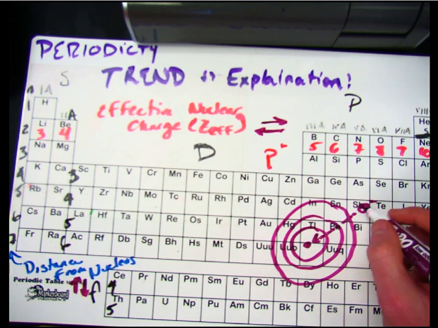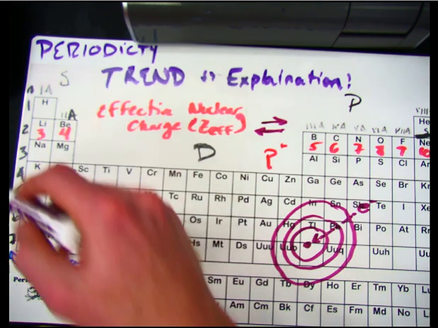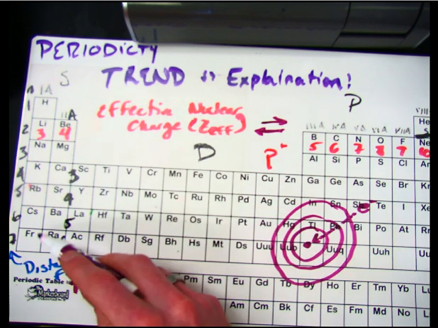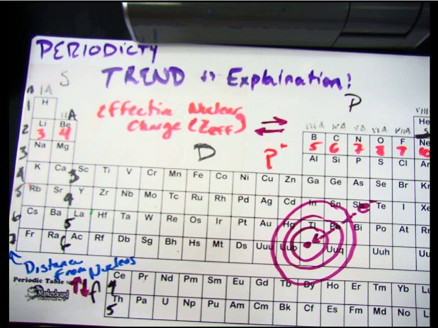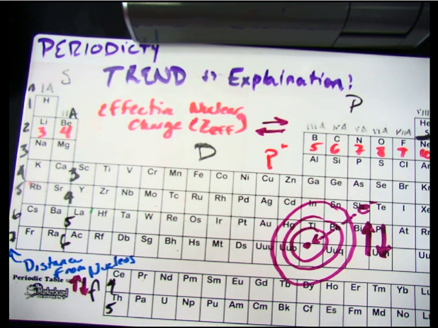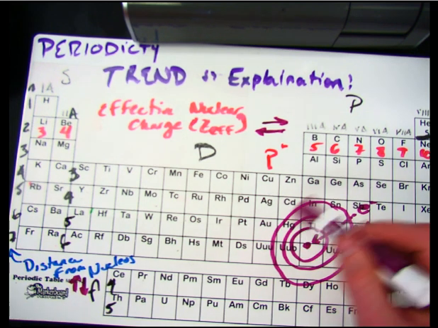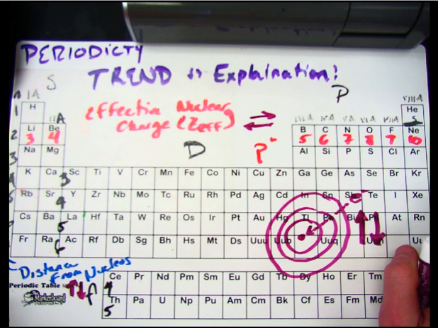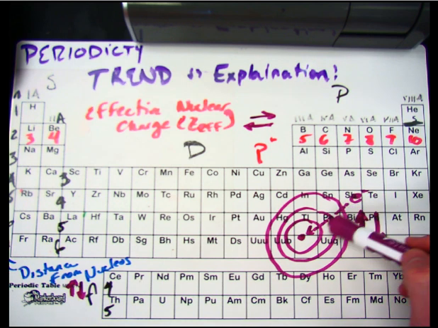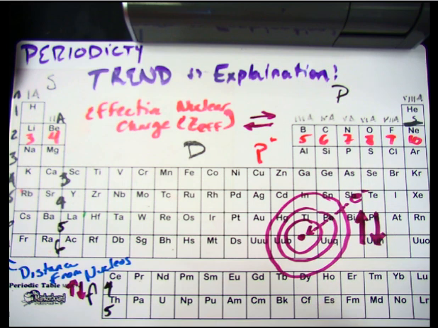So an element near the top of the periodic table has less shielding than an element near the bottom. So again, anytime we discuss something going from top to bottom or bottom to top, we can also discuss it in terms of shielding: how many shells an electron would have to penetrate through in order to be attracted to the nucleus.